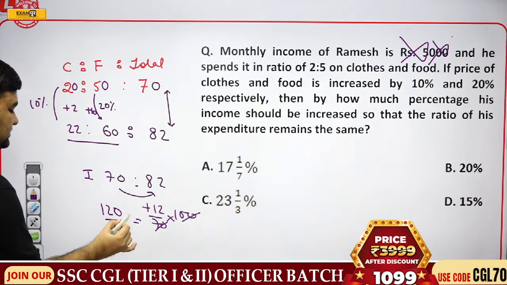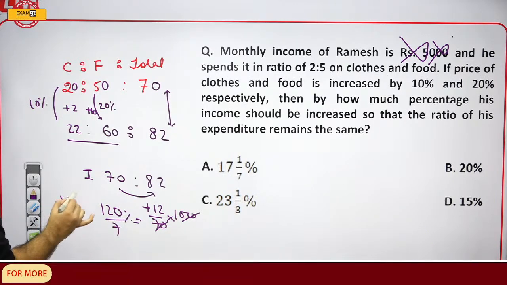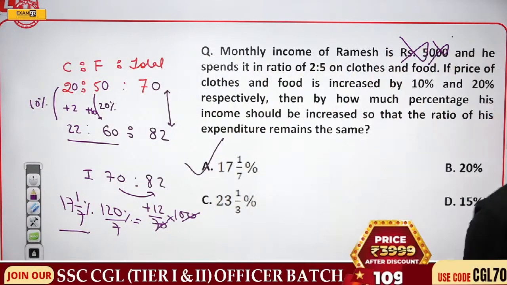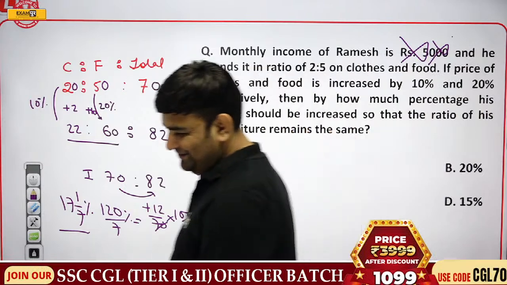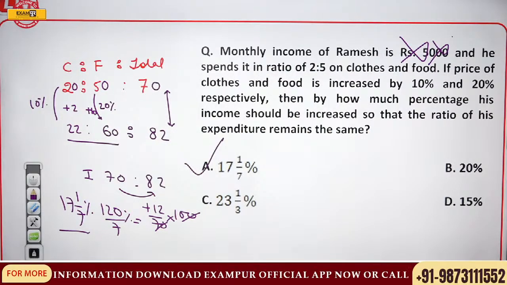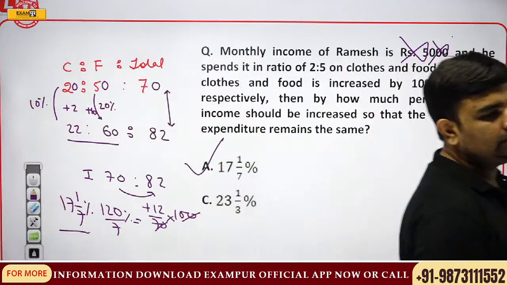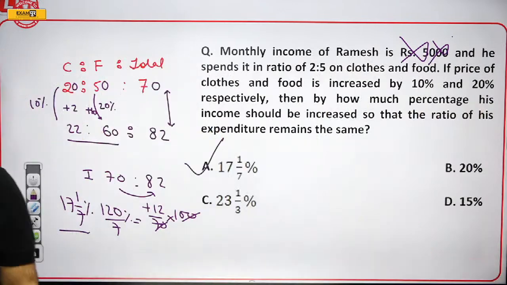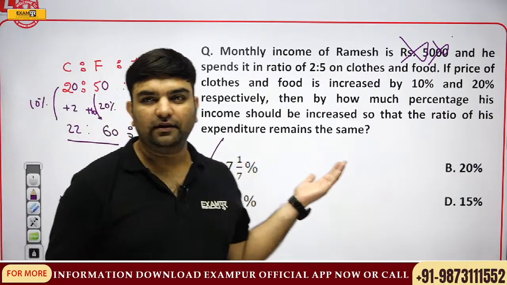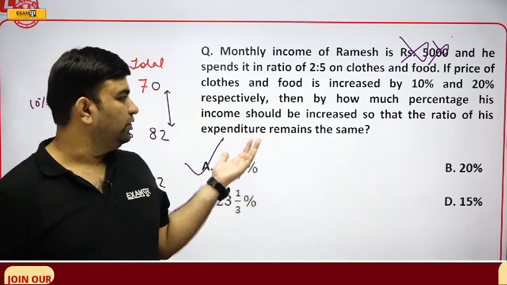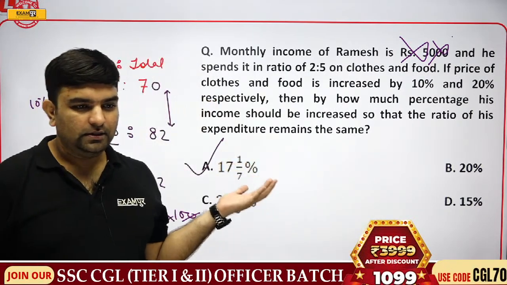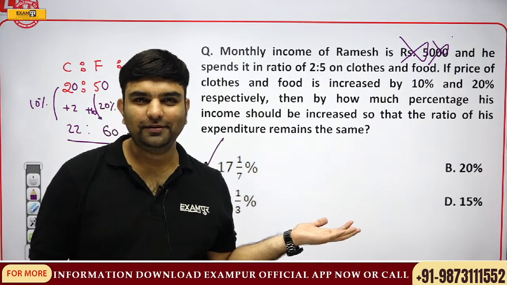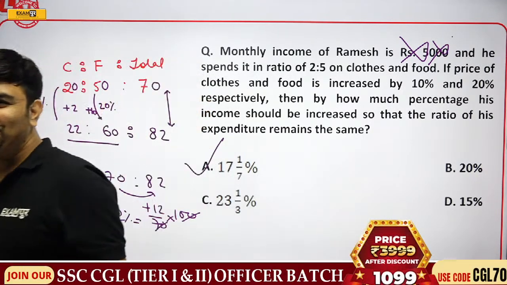That is 120 by 7%. Watch out. Clear? Whatever is the increase in the expenditures, you want to compensate for it, so you want to increase your income in this ratio only, from 70 to 82.